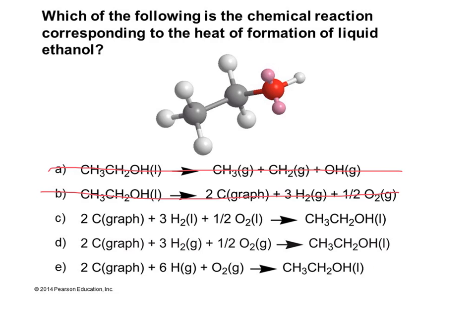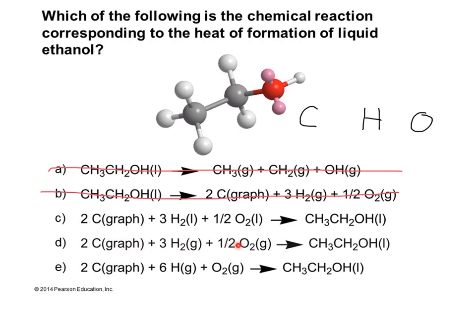The second part of that definition is that we have to make the ethanol from its constituent elements. What elements make up ethanol as we look at it? We see carbon, hydrogen, and oxygen. So we should only see elements on the reactant side of our equation. Let's see. This equation only has elements. Good.